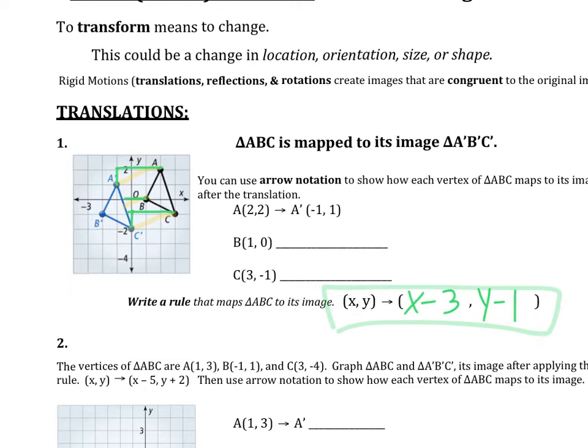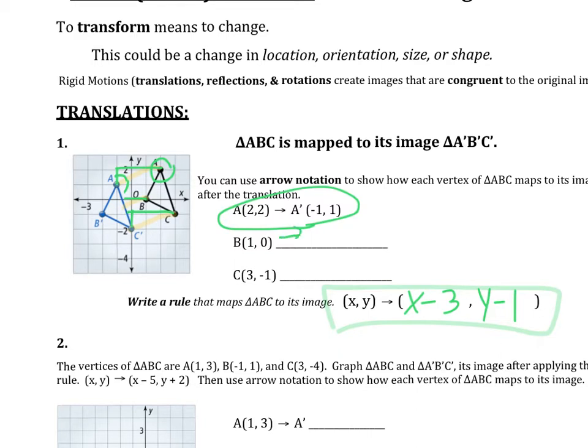So A is given to you right here. 2, 2 goes to negative 1, 1. So it's pointing out this point right here is going to this point right here, just stating the ordered pairs. Now point B starts at 1, 0. That's right there. And it goes over to B prime right over there. That point is negative 2 in the x, negative 1 in the y.